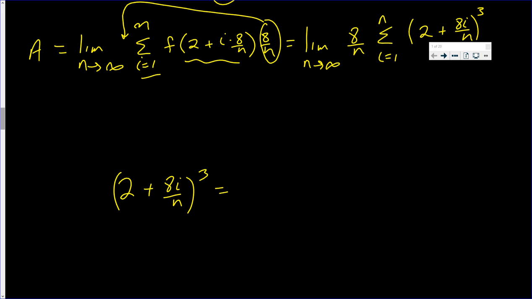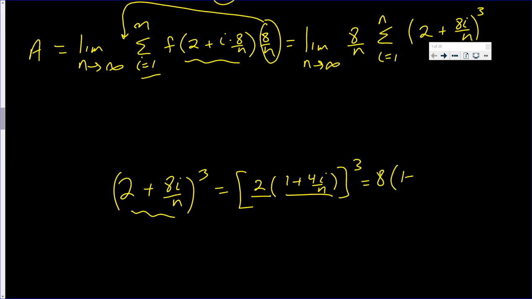To make the numbers smaller, realize that I can factor out a 2 from here. It is 2 times (1 plus 4i over n) all cubed. So I have to cube this and cube that and multiply the results. Well, 2 cubed is 8 times (1 plus 4i over n) cubed.